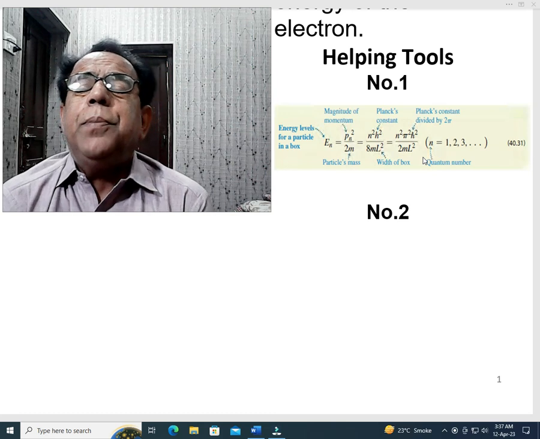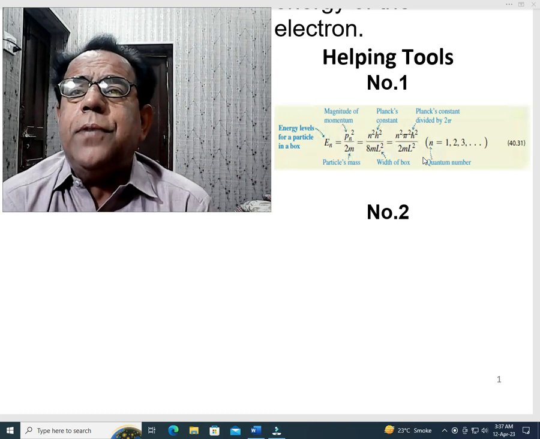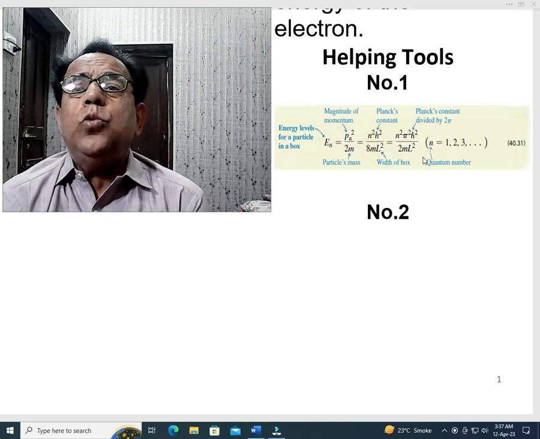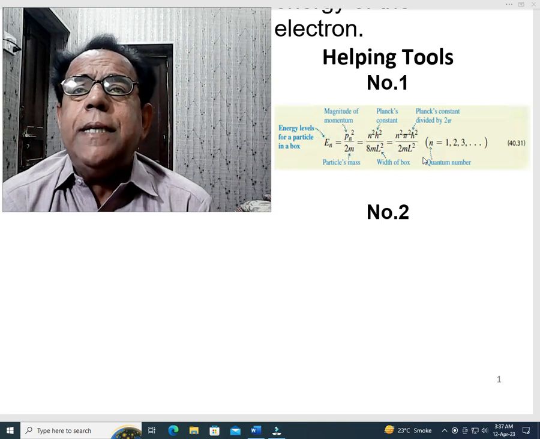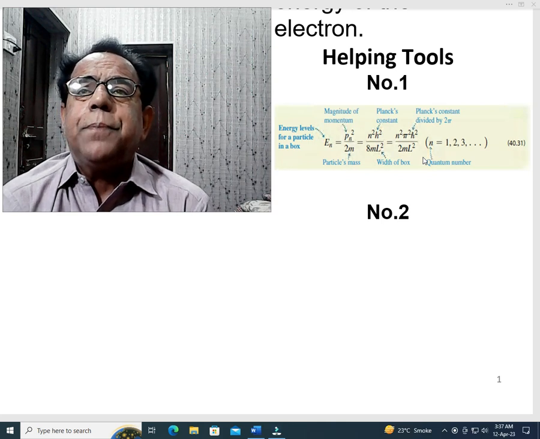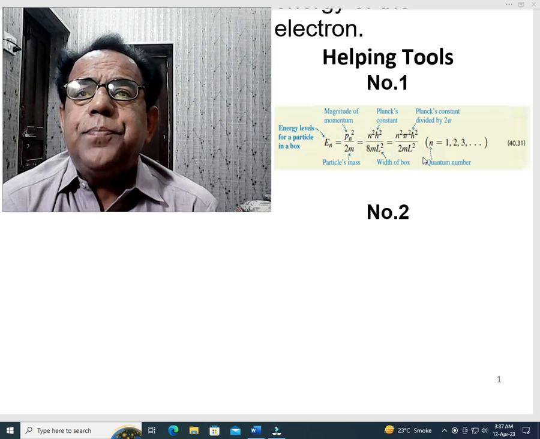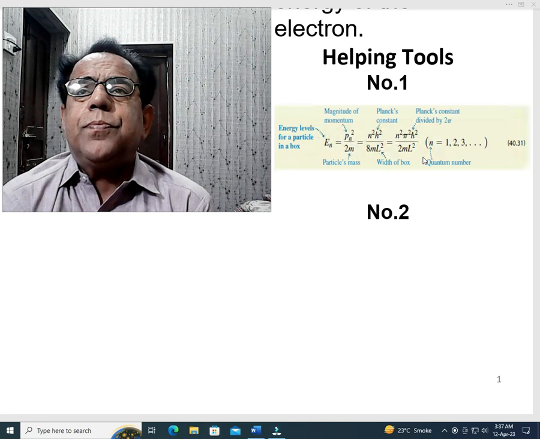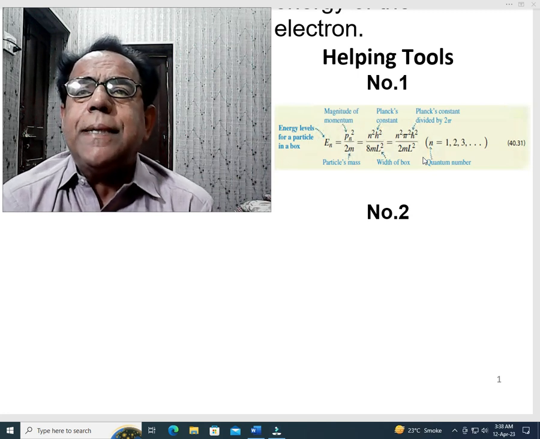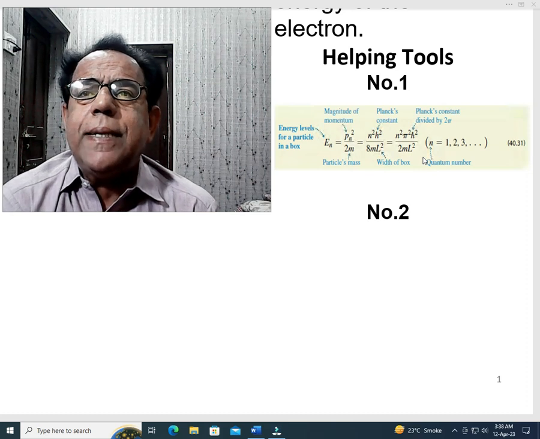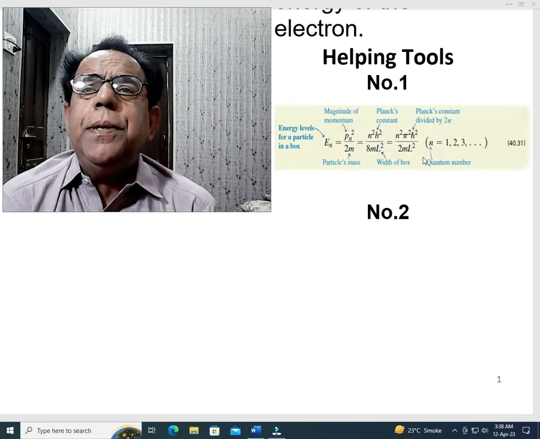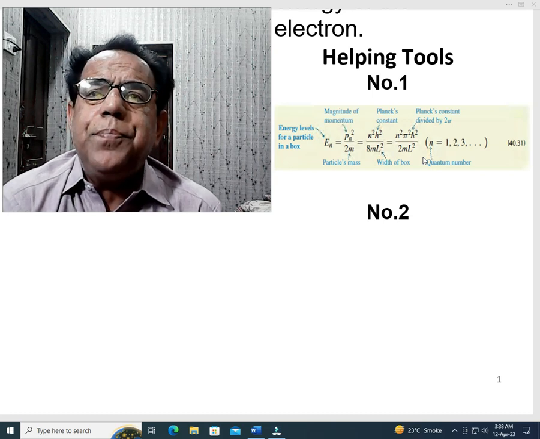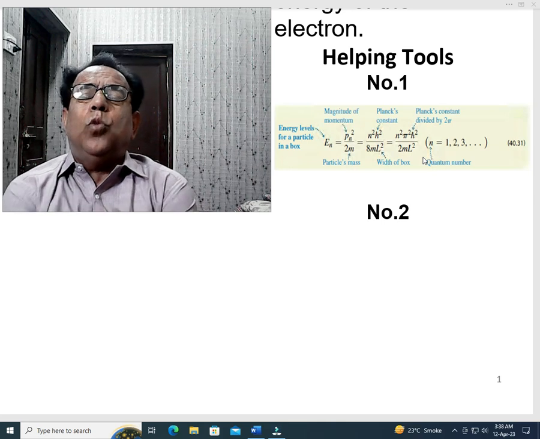Why? Because if we revert to h, that is if we use h over 2 pi in place of h cut, then pi square will be cancelled with pi square, and 4 will be divided and 8 will become 2.